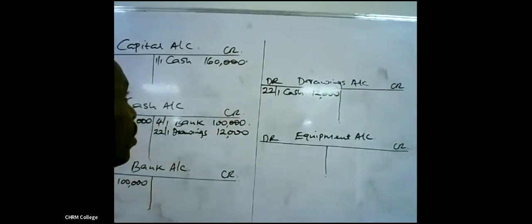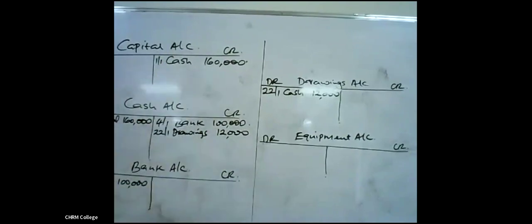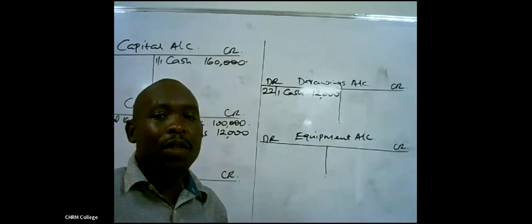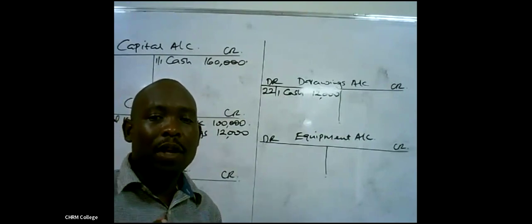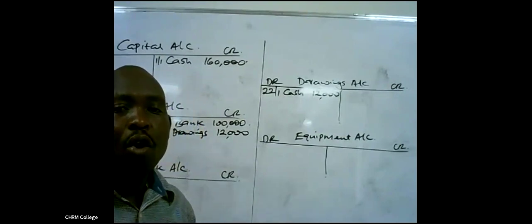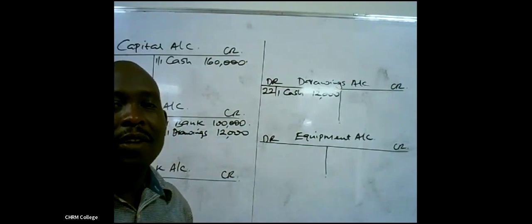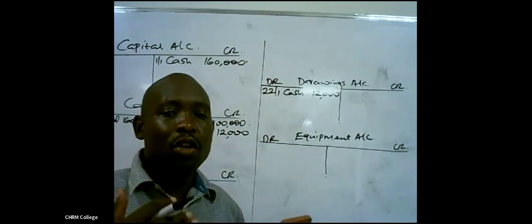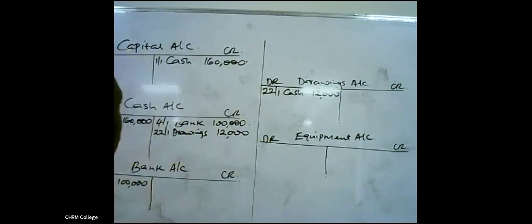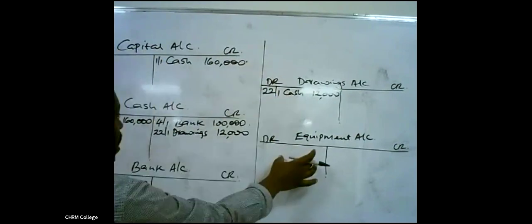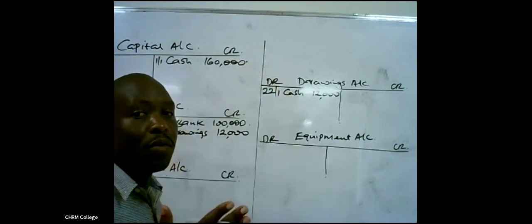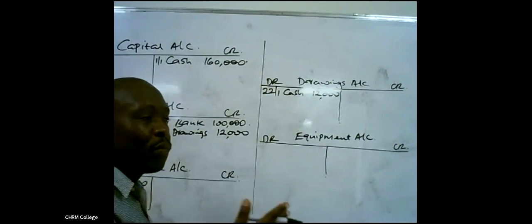The other account that is affected is capital. Anytime the owner brings in something, whether it is cash, money deposited in the bank, or a fixed asset that is converted from personal into business asset, we credit capital, we debit the asset that has been brought. In this case, we brought equipment.